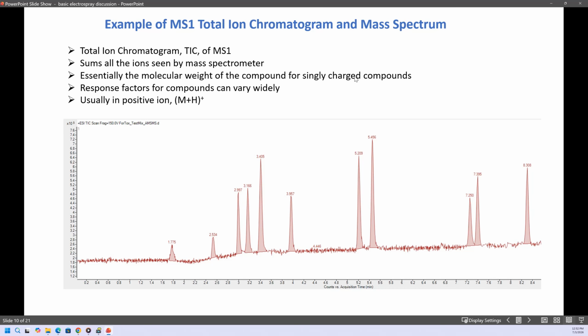So what you see in MS1 will be the molecular weight of the compound. Beware, the response factors for compounds can vary widely. They're not the same for the amount of material you put in. It just depends on how they like to ionize. And again, usually in positive ion mode, we'll see M+H ions.